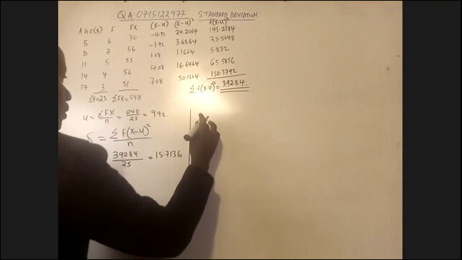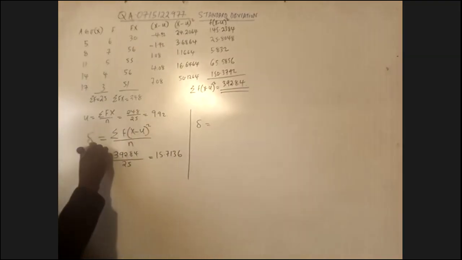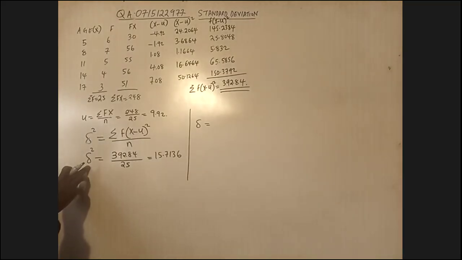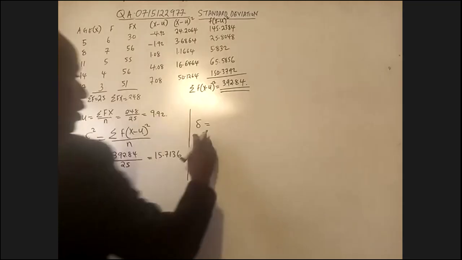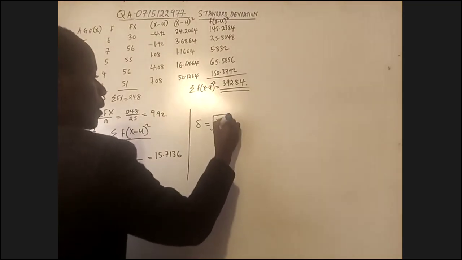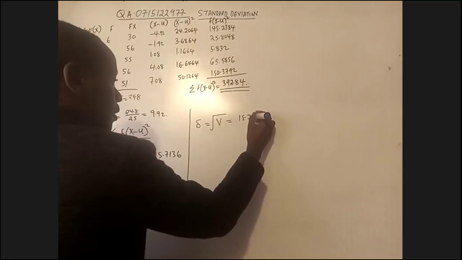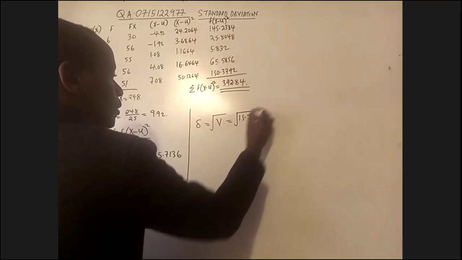Standard deviation. This is variance, so it is squared. Then standard deviation has no square. So that will be the square root of 15.7136, which is equal to what?